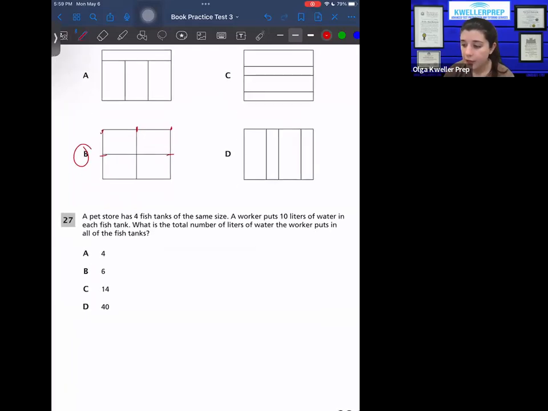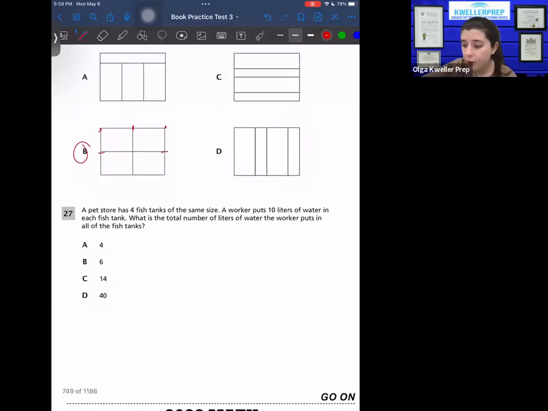Next, we have a pet store has 4 fish tanks of the same size. A worker puts 10 liters of water in each fish tank. What is the total number of liters of water the worker puts in all of these fish tanks? So I think this is the fourth question where we see the same thing. We have the word each, right? Each.